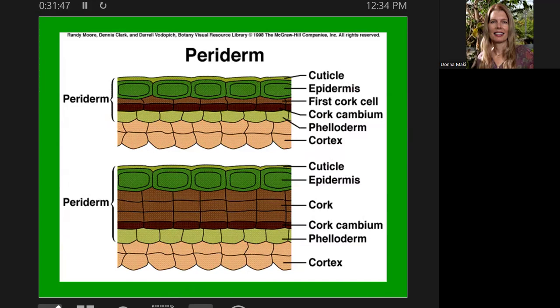So they're just trying to show how those layers kind of build up over time. So the brown are the cork cells. And they do look like that under the microscope. So those will die at maturity. And then the cortex, and those are just parenchyma cells. Okay.